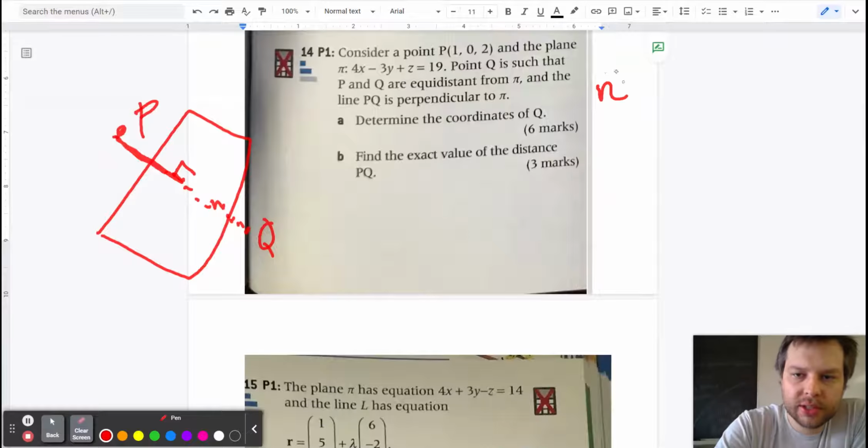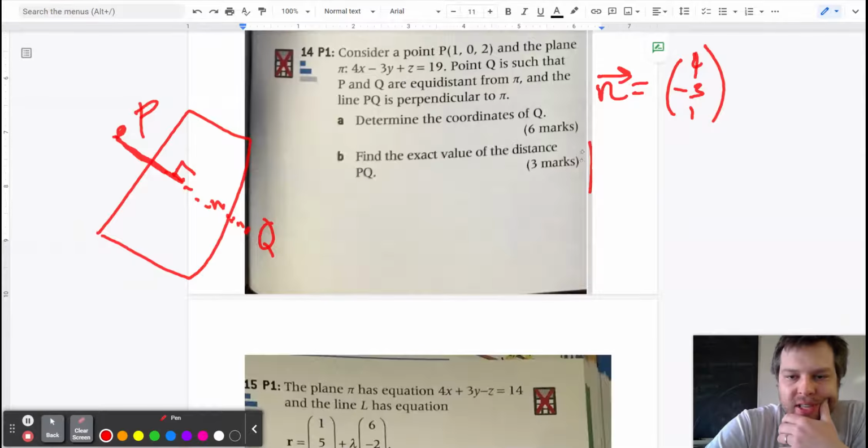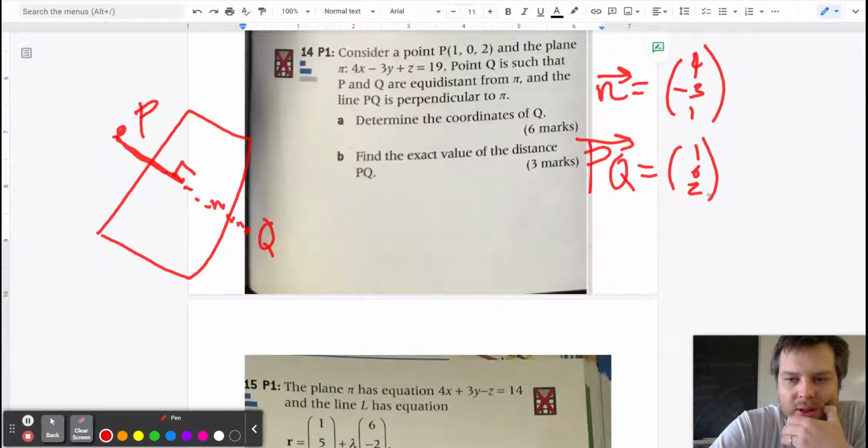So the normal vector to the plane is 4, -3, and 1. You can just read that from the Cartesian equation there. And then the line PQ can be described as the point P plus a parameter times the normal vector.